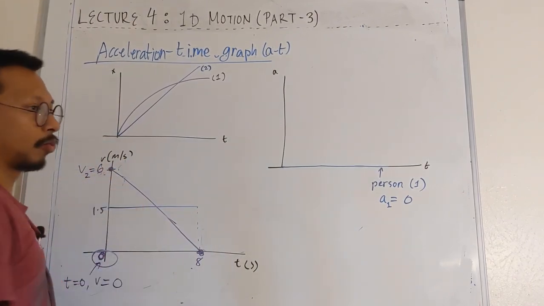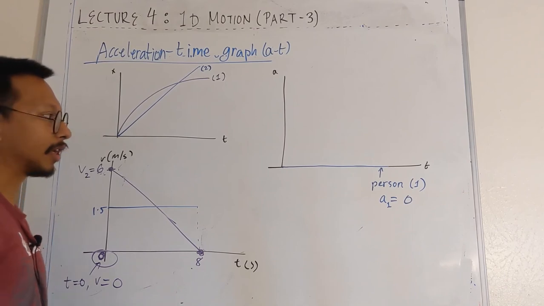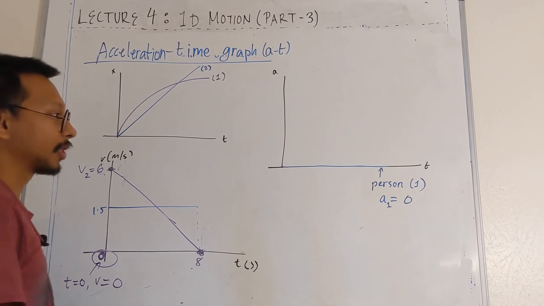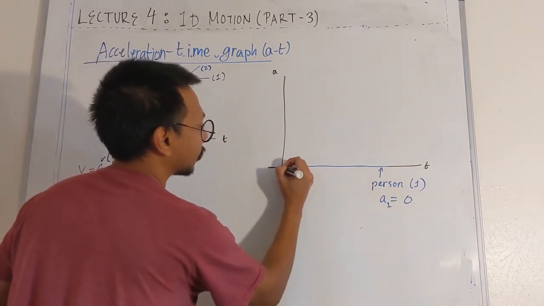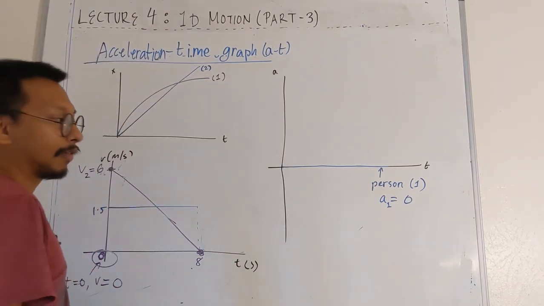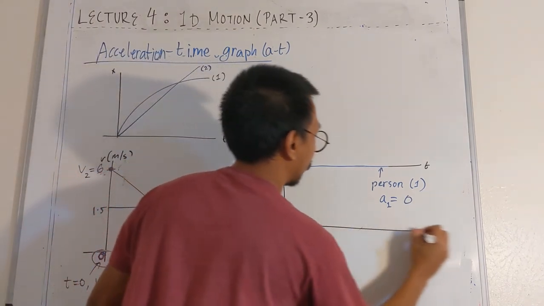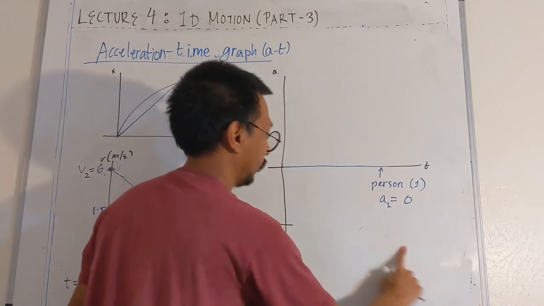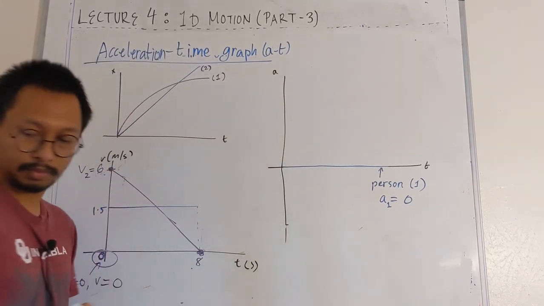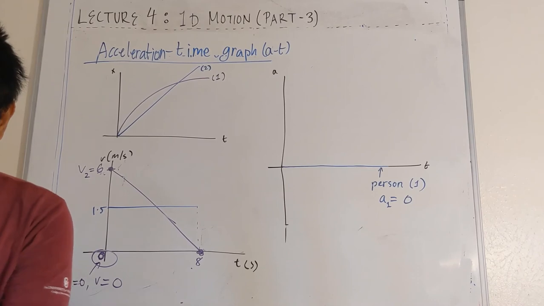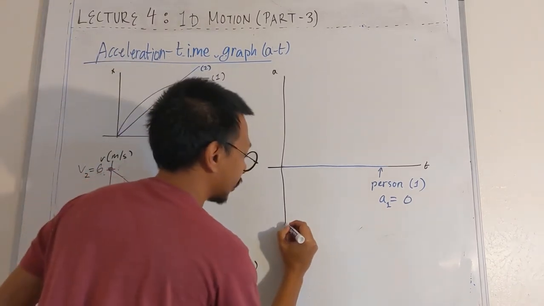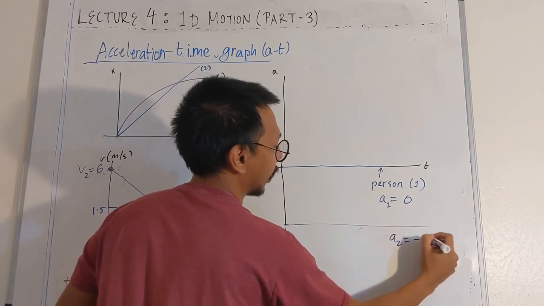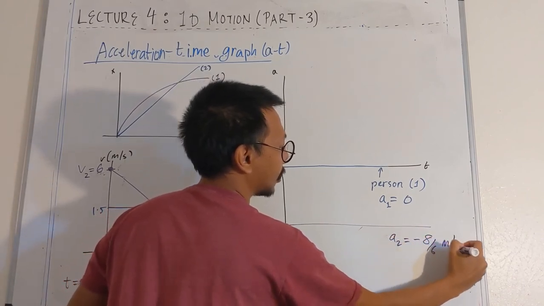But for person 2, we just found out that the acceleration was negative 8 over 6 meters per second squared. Correct? So we have to go into the negative axis, and this would represent a2 equals negative 8 over 6 meters per second squared.